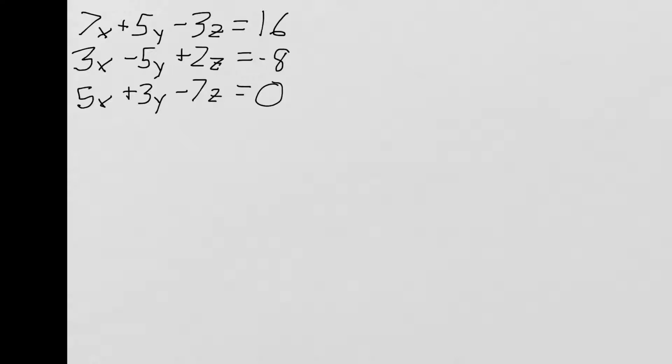So I'm going to add the first two, keeping the first one, and then the second one is just going to be the sum. So I still have 7x plus 5y minus 3z is equal to 16.